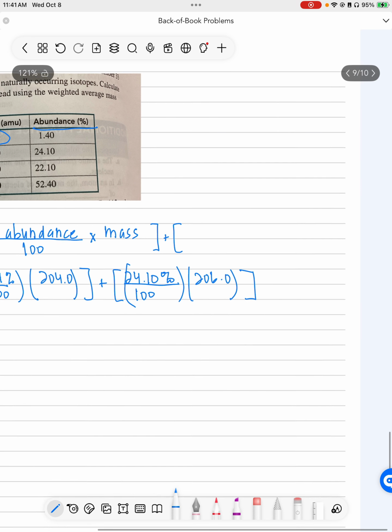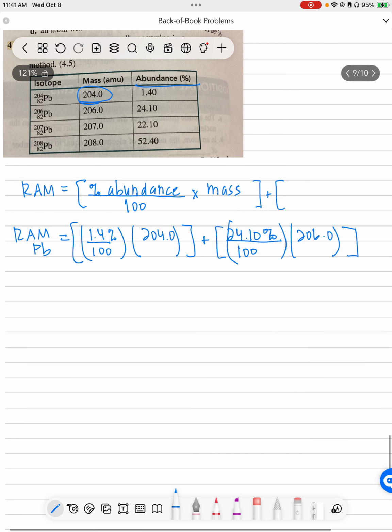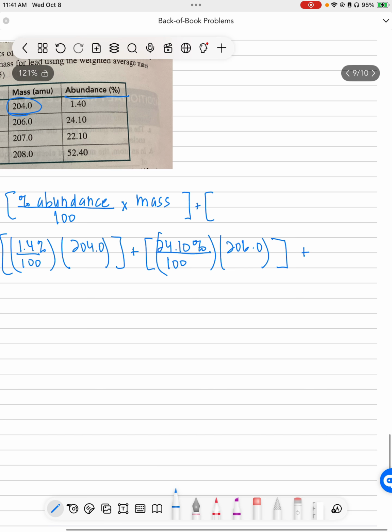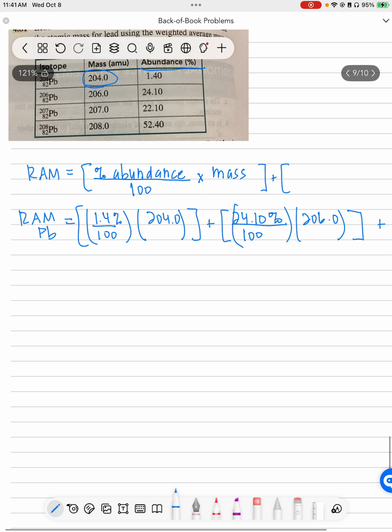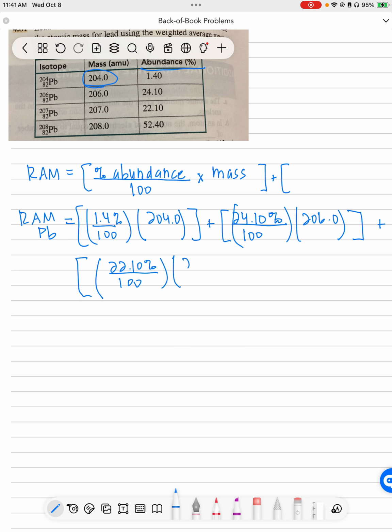Okay, and I'm running out of room, so I'm going to go to the next line, but we're still continuing on with this chain. We're just going to the next line here. And now we have a 22.10% abundance of 207.